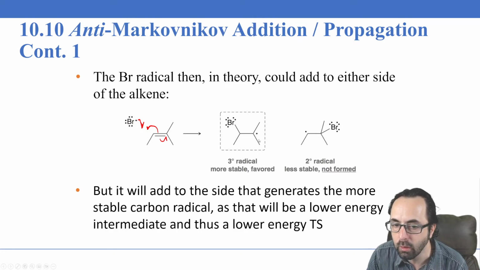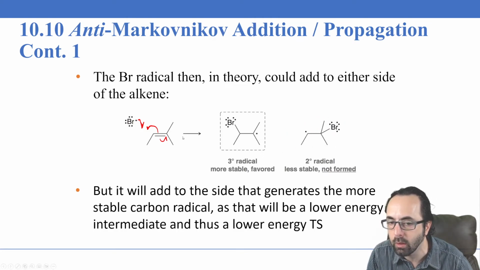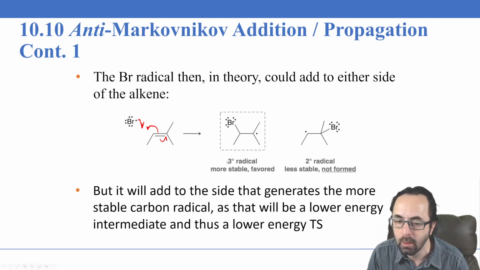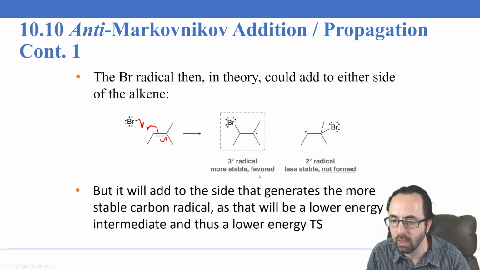The tertiary radical will be favored here. The other possibility is that the bromine adds over here instead, but that is much less likely. The tertiary radical is much more stable.